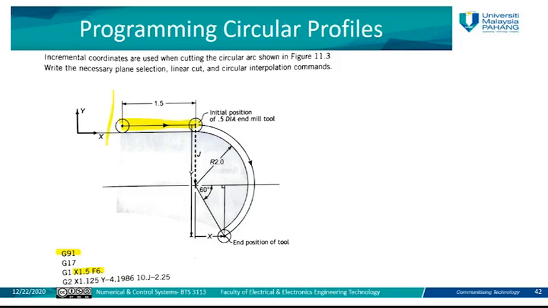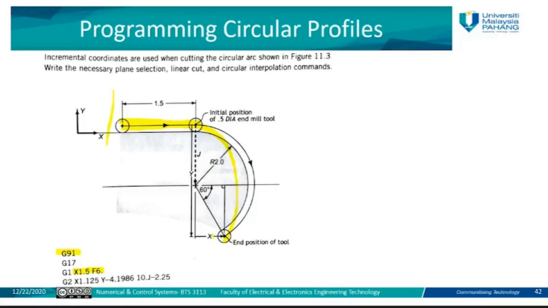Then it will move from the start point until the second point here. Also when we're using the incremental coordinate, that means it will move from this point to that point. You need to find what the coordinates are in the incremental coordinate for this value.